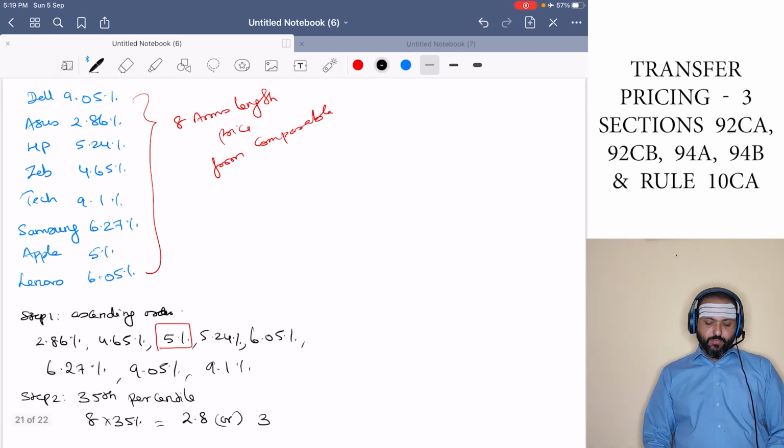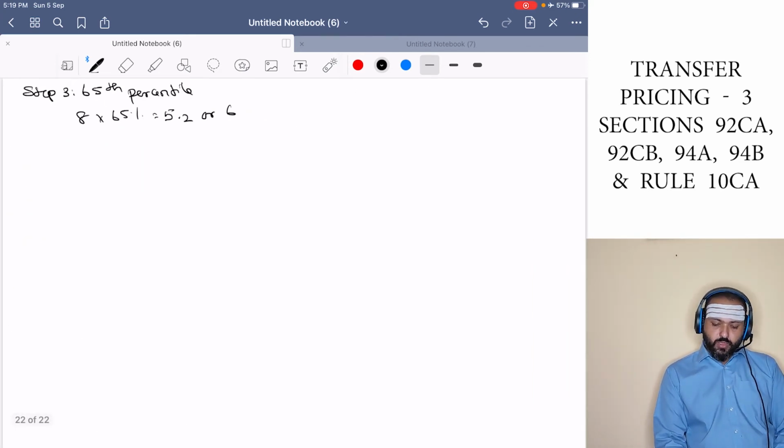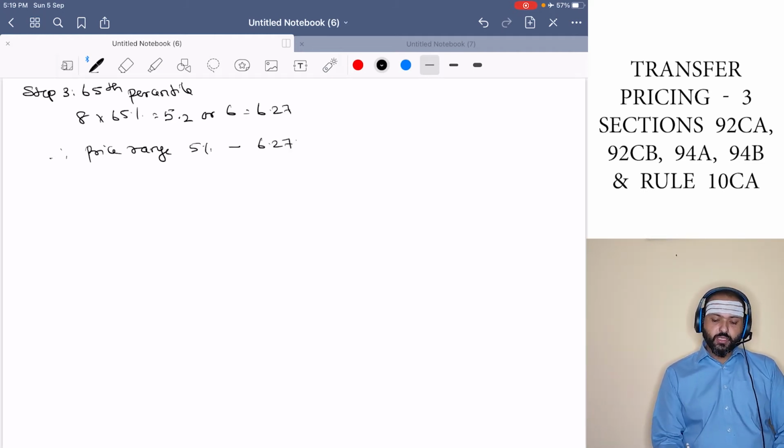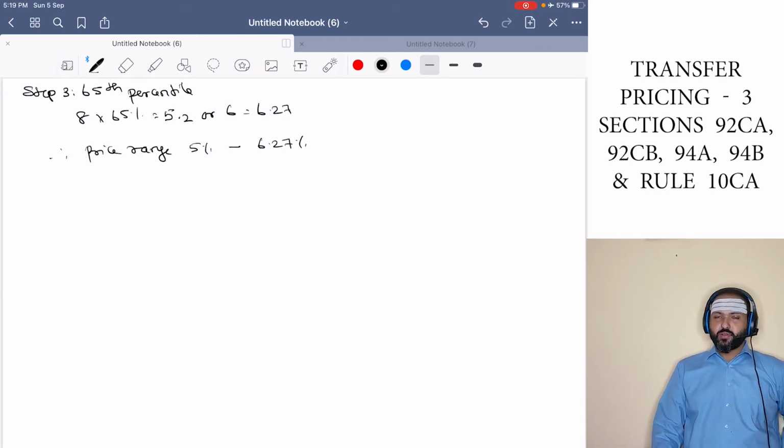We can take the 6th price. What is the 6th price? 6.27. Therefore the price range will be from 5% to 6.27%. So this will be the margin range between 5% and 6.27%.